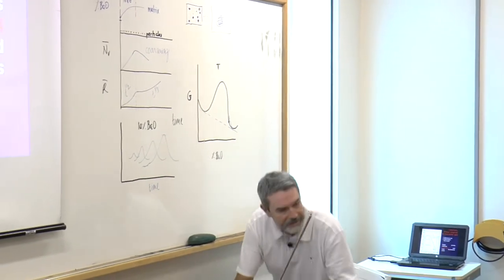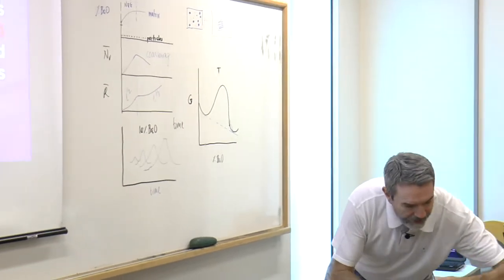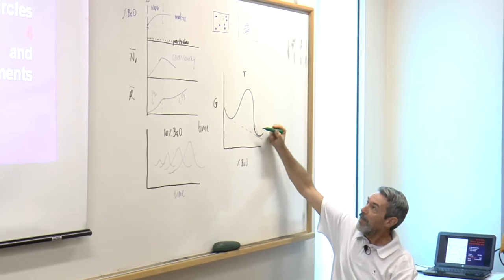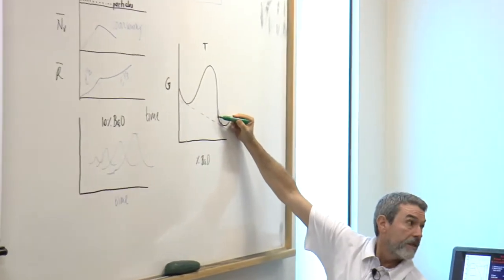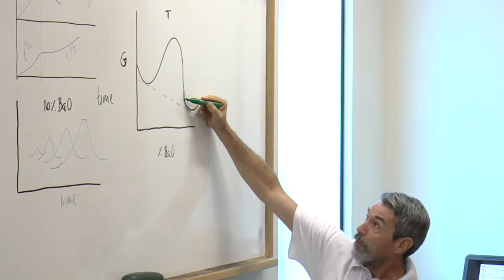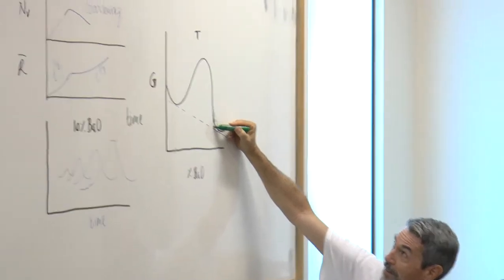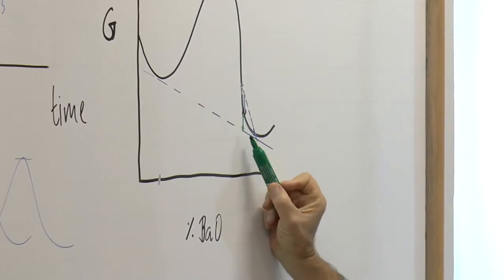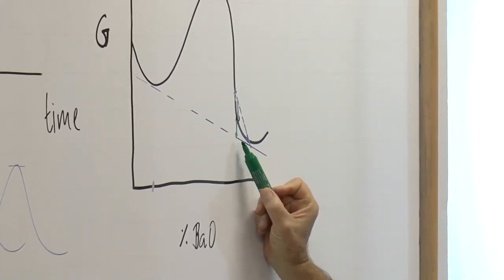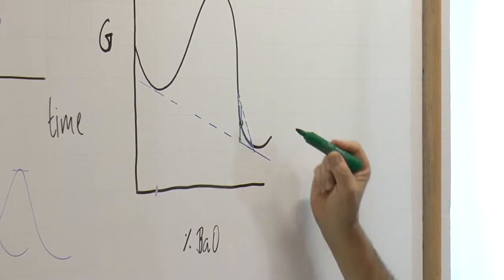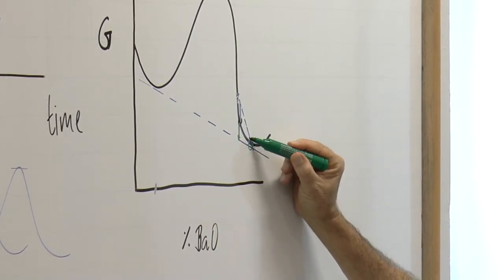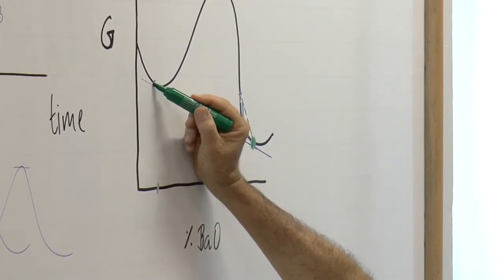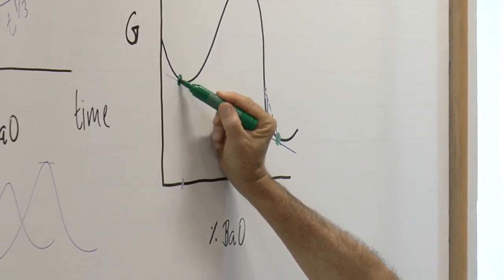Now, checking the same plot, the free energy was here, but of this large fluctuation has decreased. It's now here. This is the free energy of this system separated into two phases. One liquid phase with this composition, the other one with this composition.